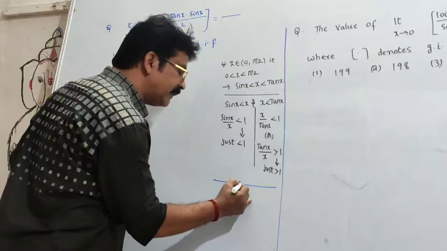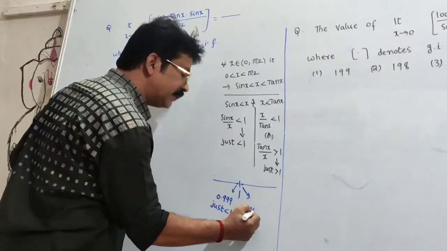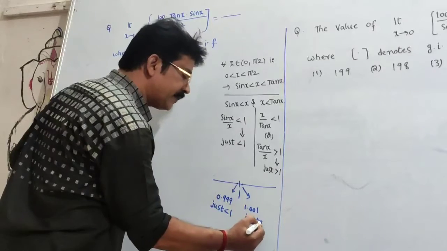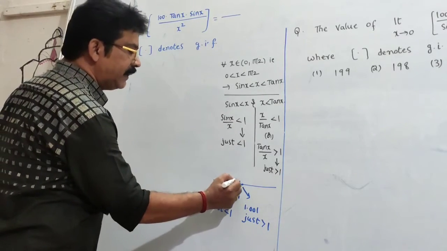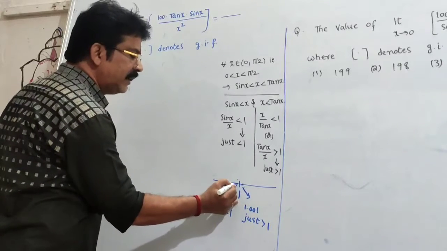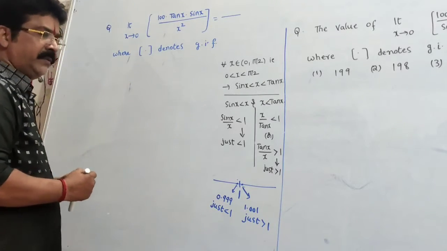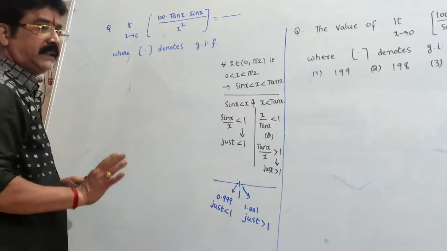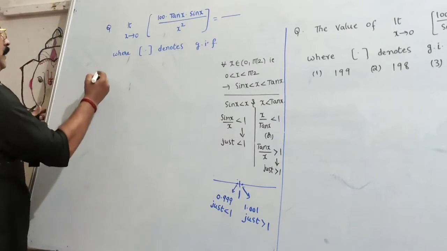Next, this one is just greater than 1. 1.001 means just greater than 1. This area is the neighborhood of 1. It is called the neighborhood of the point 1. Neighborhood means a very near value, but not 1. That is the complete meaning. Okay, next you come here.